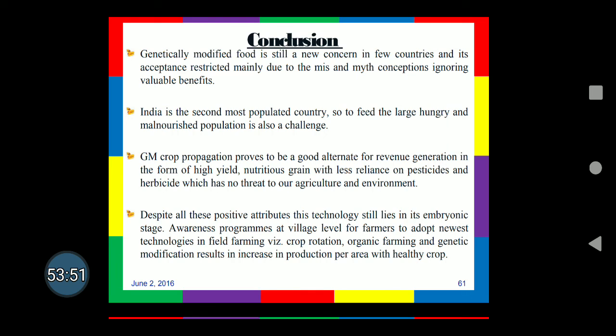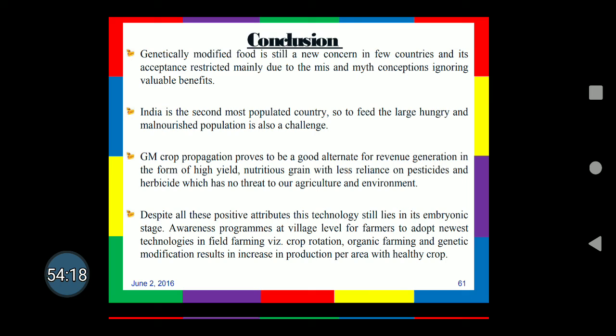Finally, we conclude the session: genetically modified foods are still a new concern in a few countries, and their acceptance is restricted mainly due to myths about consumption, ignoring the valuable benefits. India is the second most populated country. Feeding the large hungry and malnourished population is also a challenge.